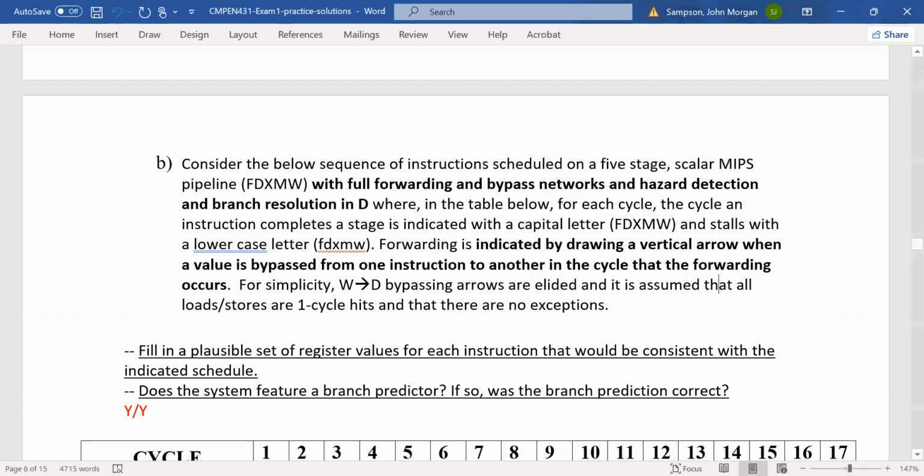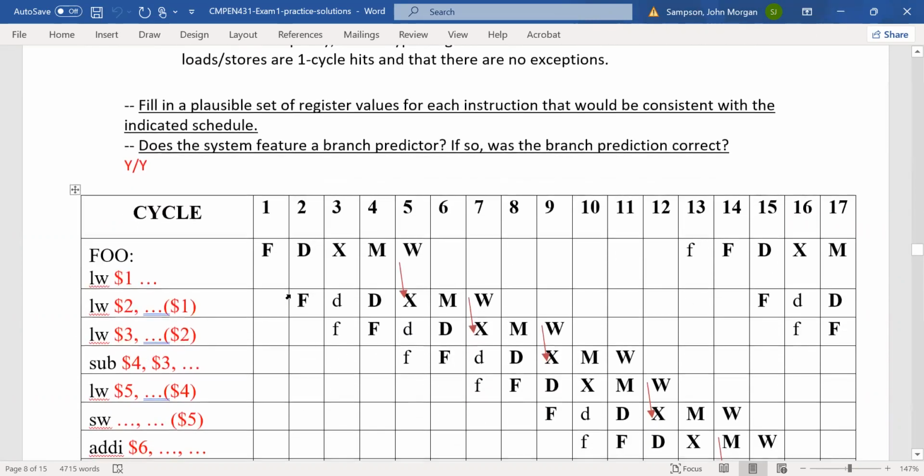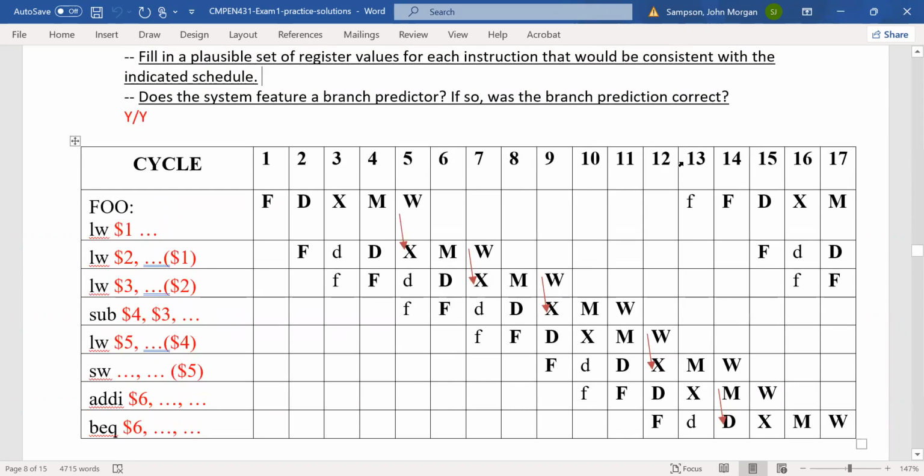Okay, let's look at the other question that we ask here. Is there a branch predictor, and did it work? How would you know? How would I know if there's a branch predictor? If I did not have a branch predictor and I was resolving this branch au naturel, when would I have fetched foo? My branch resolves here.